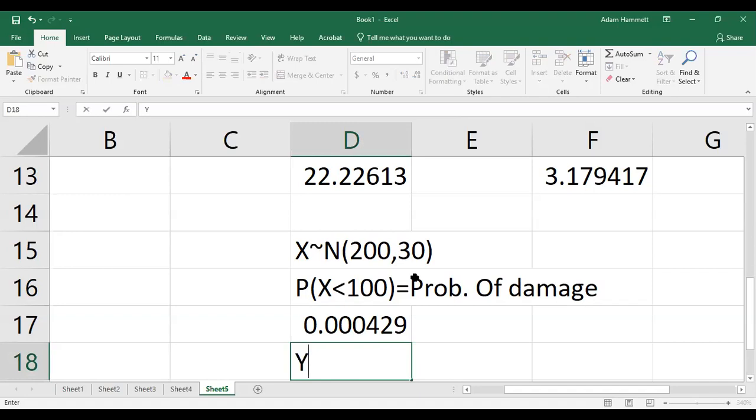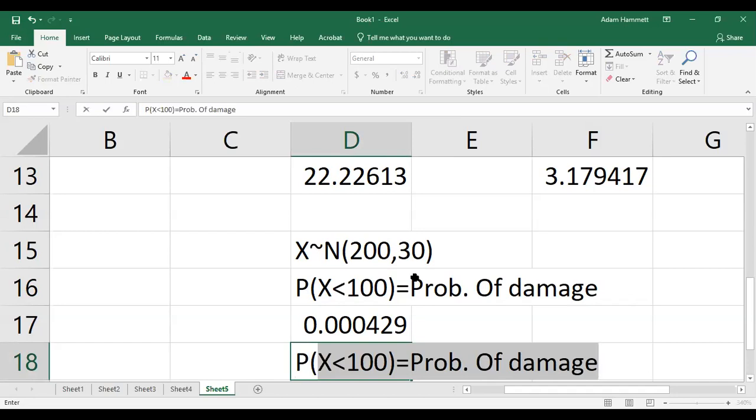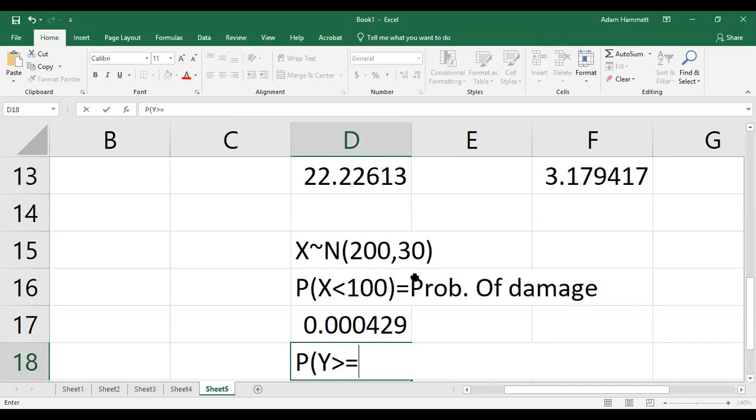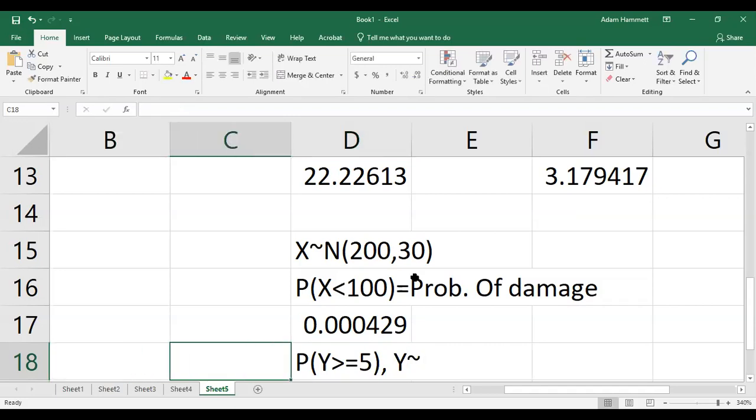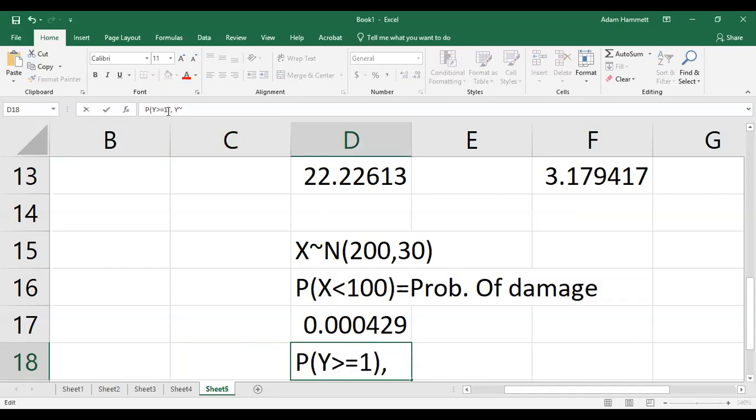So that tells me that we want Y. Okay, so like the probability that Y is greater than or equal to 1. Now we really do care about equals. Where Y is distributed as, okay, so we have 5 independent trials. And what is the distribution of Y?